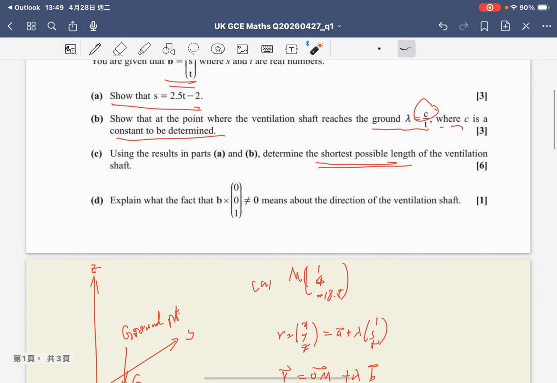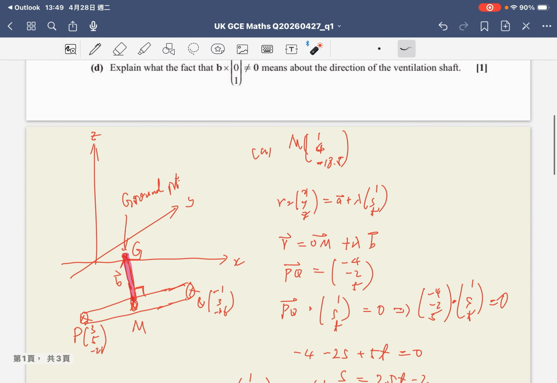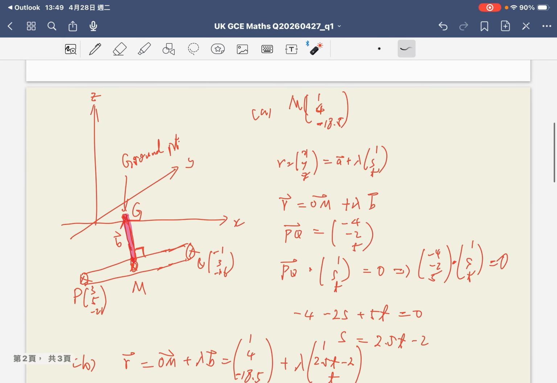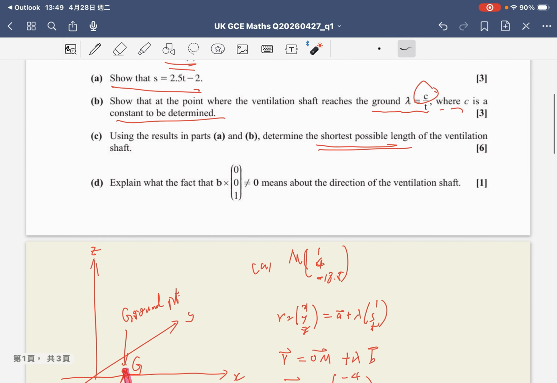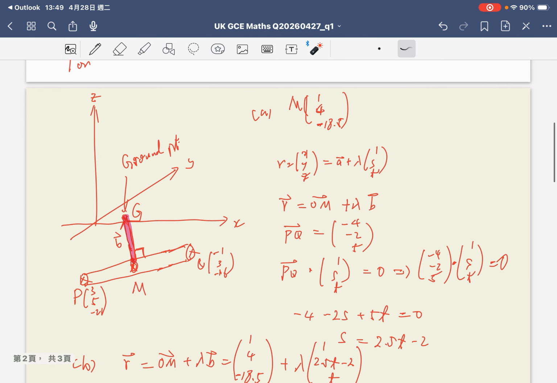For the last part, only one mark. Explain why B is the direction of this, and this one cannot be 0. That is easy, and you can check that directly, for any t. You can see that this tunnel is not perpendicular to the ground plane.